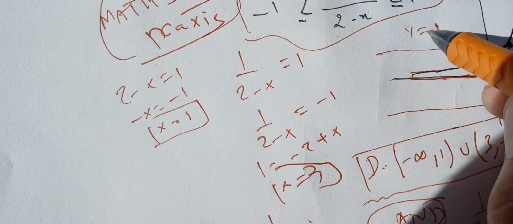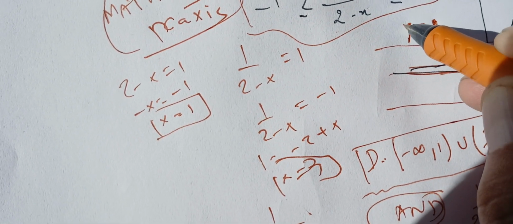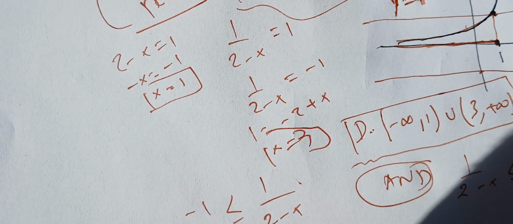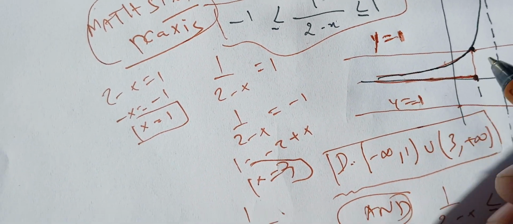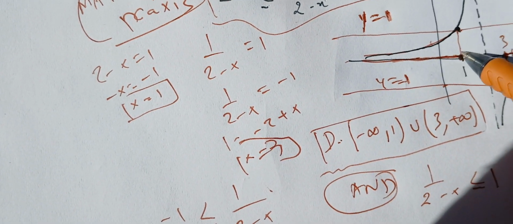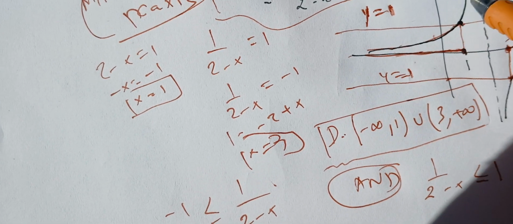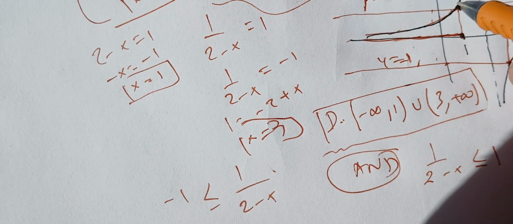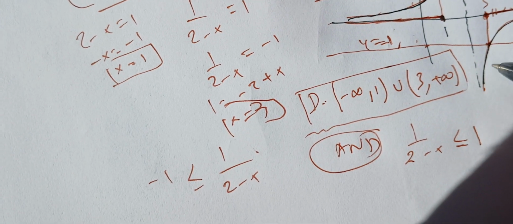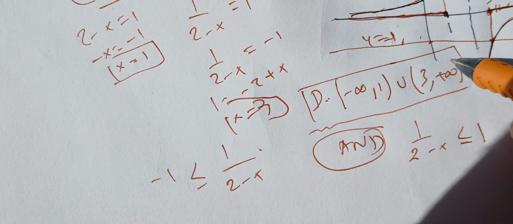Okay, here remember that this is y is 1 and this is y is minus 1. I treated this one as a function, I think I said that, and I need to find the x values that would make this function trapped between minus 1 and 1. So here it jumps, and here it jumps as well, and it's not defined.